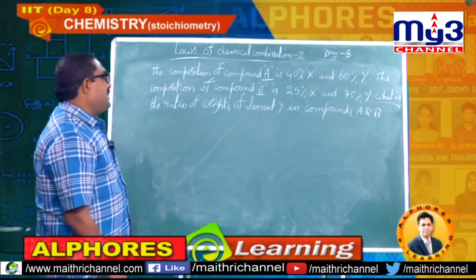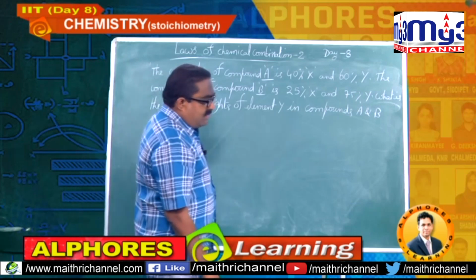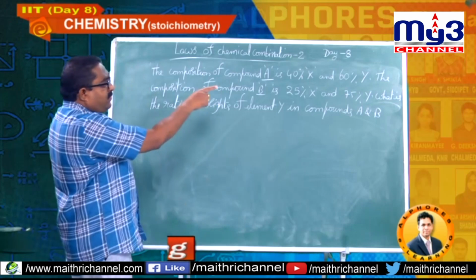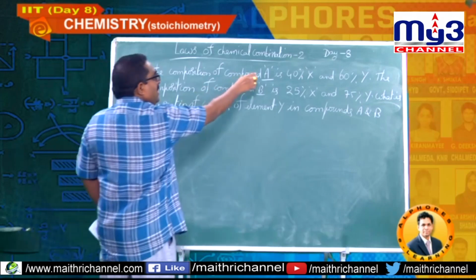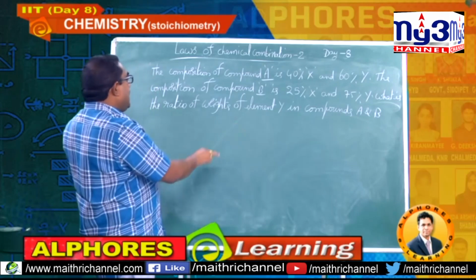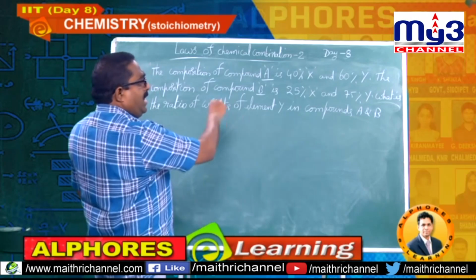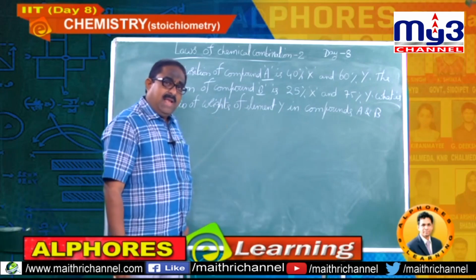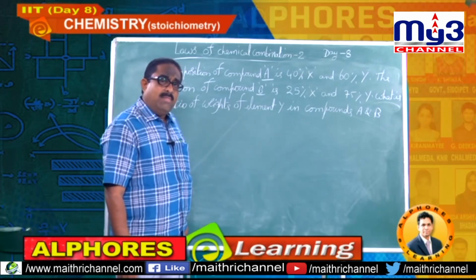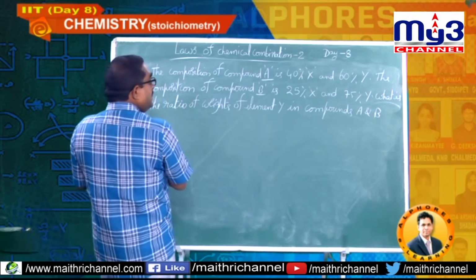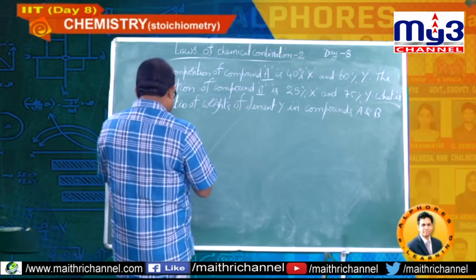Very simple, it is just an application of the law of multiple proportions. If two elements form more than one compound, for the fixed mass of one element, the mass ratio of the other element combined is a simple whole number ratio. Okay, let me explain that.